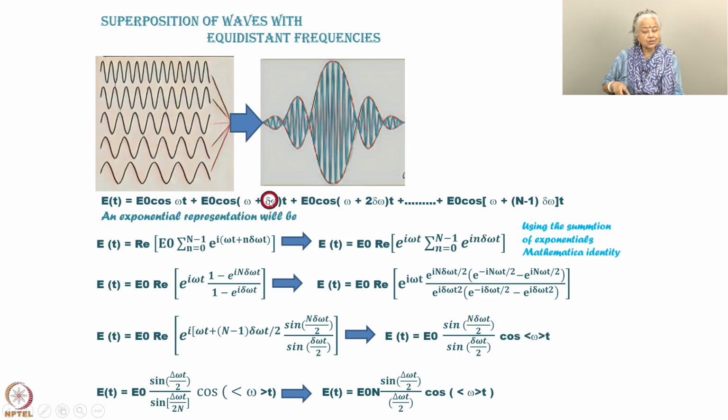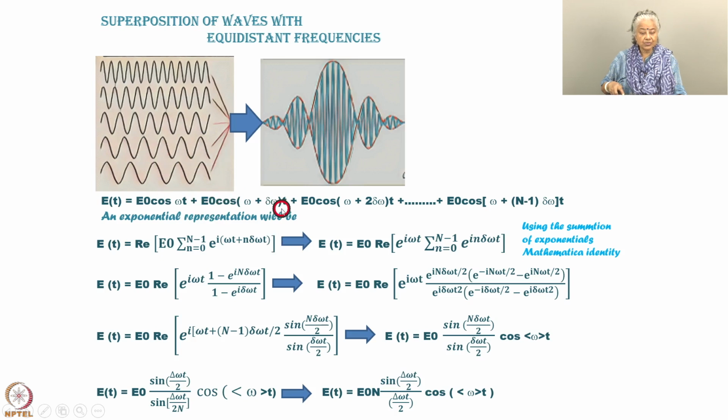It is somewhat similar to delta nu, I have just put it as a delta omega. Quite often it is used as omega or nu, but again this is the frequency spacing as I have said in the previous slide.